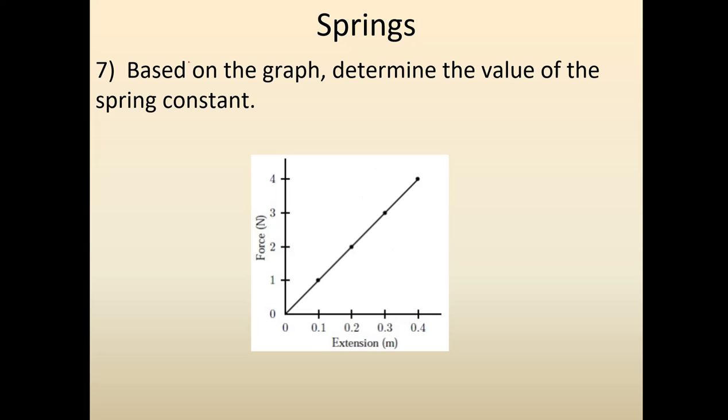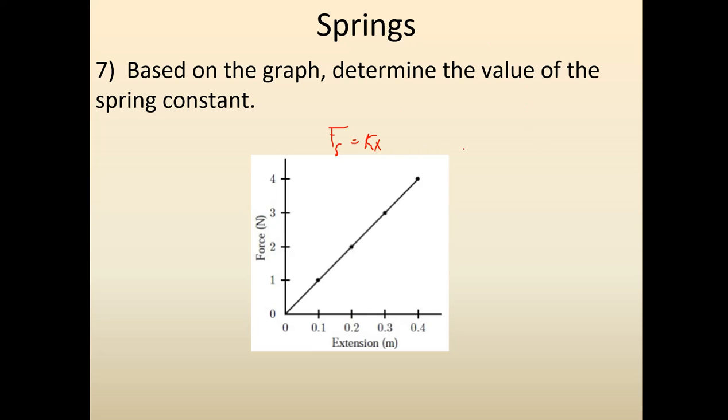All right, so here they want to know what is the spring constant based off of this graph. So the main idea that you want to do is take the slope of this. Now you could just take numbers and put them into the equation Fs equals Kx, but again, I recommend that you don't do that because there's going to be some cases, I believe in this topic, if not in this topic, definitely in the next one, where if you do that, you will get the question wrong.